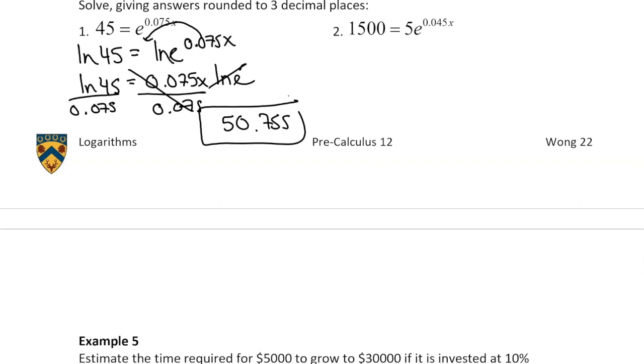Okay, and then for our next example here, we have another value that doesn't have the exponent of 0.045x, so we should divide both sides by 5, and then you could say something like 300 is equal to e to the power of 0.045x. Again, you could try and put it in ln form right away if it's an exponential form, or you could ln both sides. Either is good.